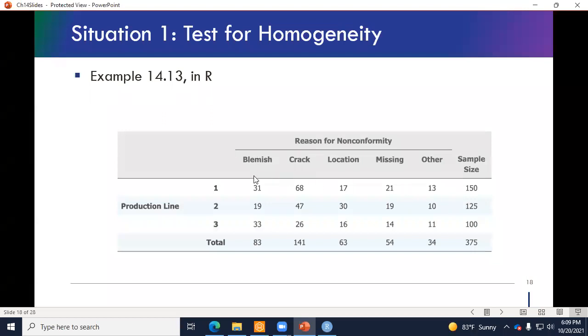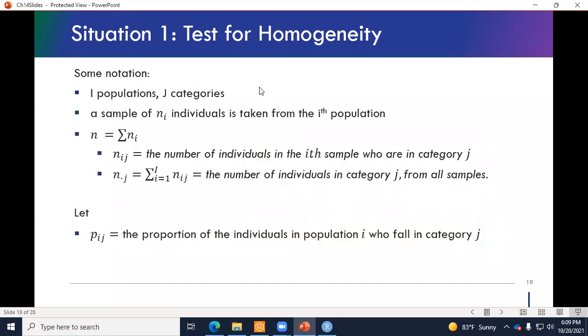We want to compare the proportion for each category. Are they the same among these three populations? So this is a test for homogeneity. Let's take a look at how we do that formally.